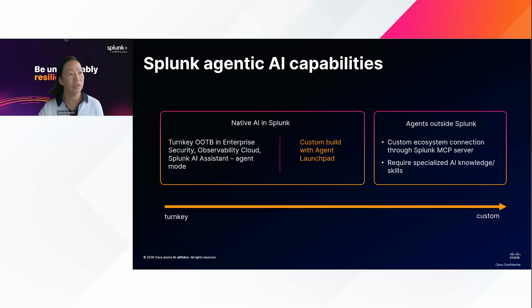So that would be outside the perimeter of Splunk. You need to manage your stack, your security, and all of that, right? But this gives you a choice from using turnkey, what we provide out of the box, all the way to building custom within Splunk, and then also building custom agents outside of Splunk.